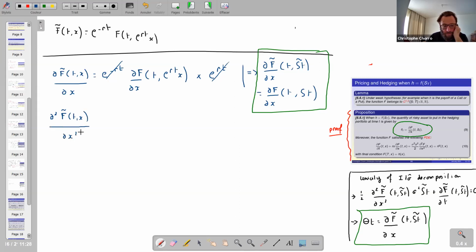I start from this one, I have to compute the derivative of this one. And once again, by the differentiation of a compound function, I obtain this one.